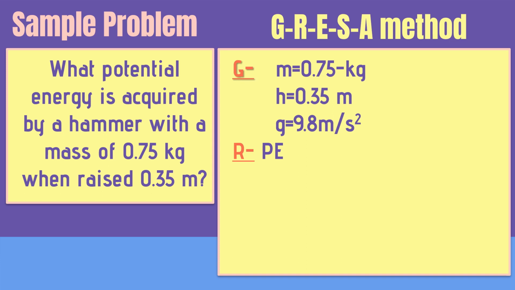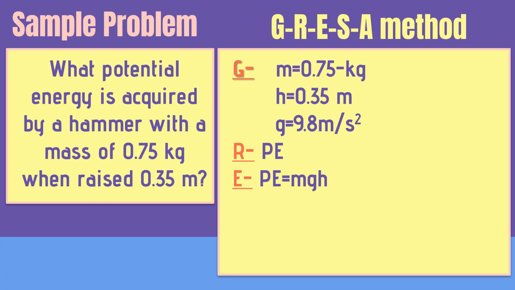Next in the GRESA method is letter E. We're just going to use the formula for the potential energy, in which PE is equals to mgh. Next in the GRESA method is letter S, which stands for solution.